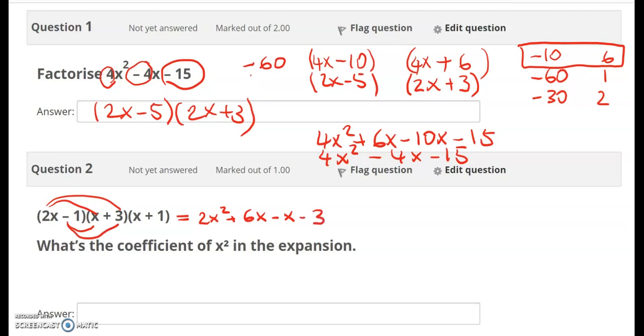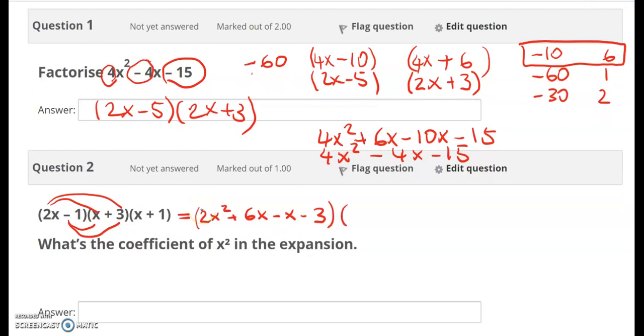All of this is going to be multiplied by x plus 1. I can simplify this further to make my life easier. So I'll write it as 2x squared plus 5x minus 3, all multiplied by x plus 1.